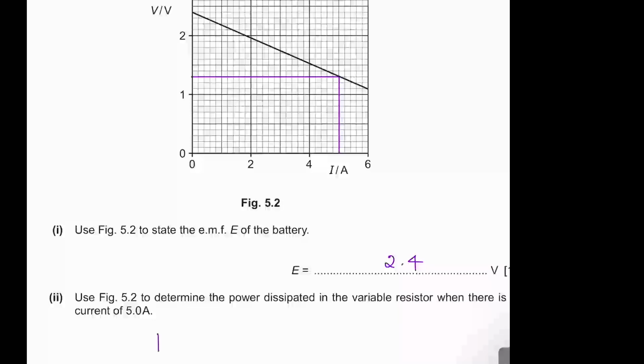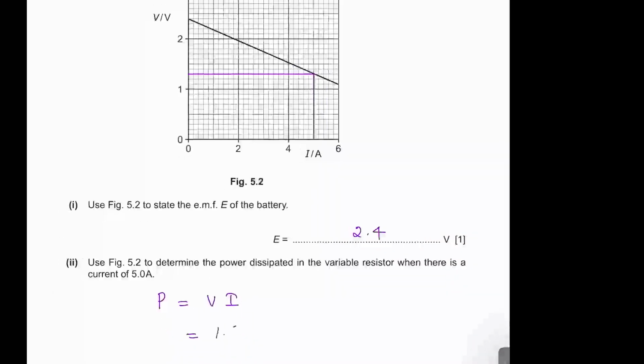So if I use P equals VI, V is 1.3, I is 5. That's 6.5 watts. Agree? Power is 6.5 watts.